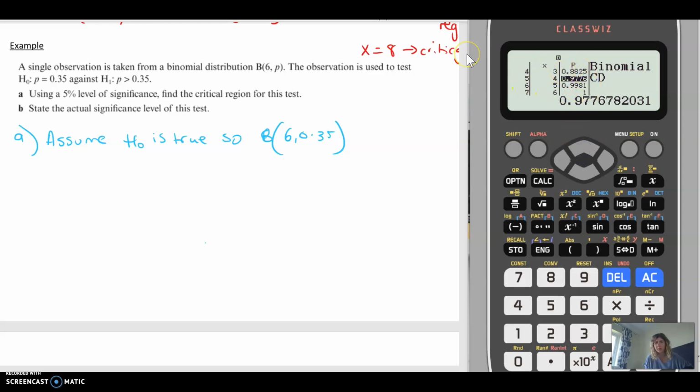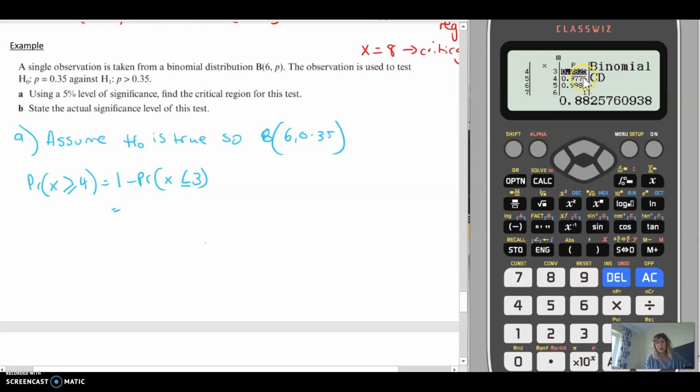Now, if we look at the probability that x is greater than or equal to 4, that's 1 minus the probability that x is less than or equal to 3. So if we now look at that, the probability that x is less than or equal to 3 is 0.8825.